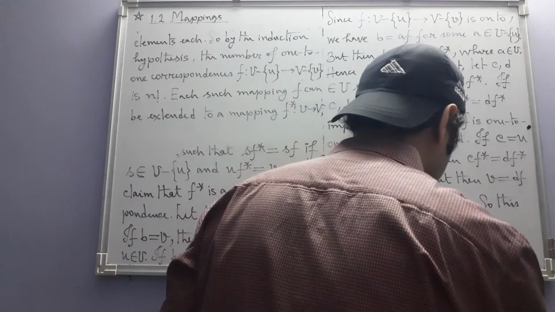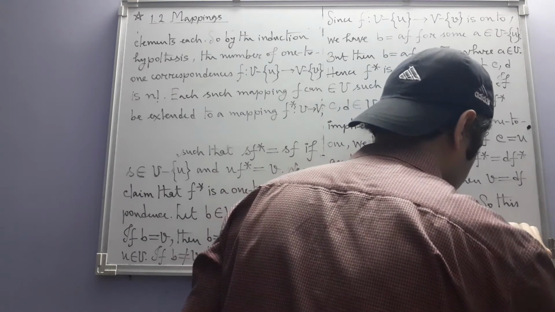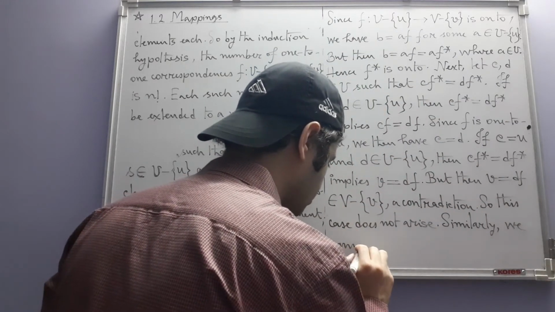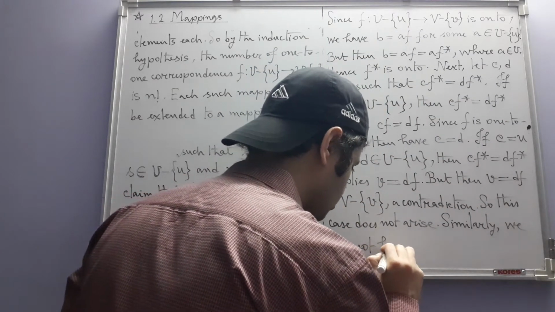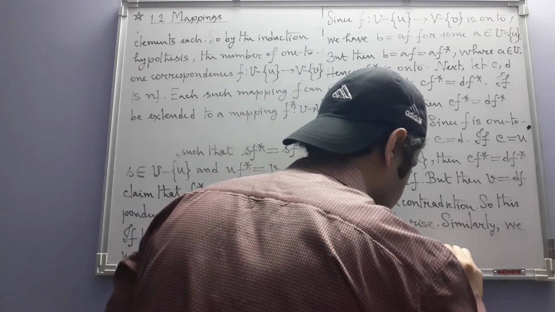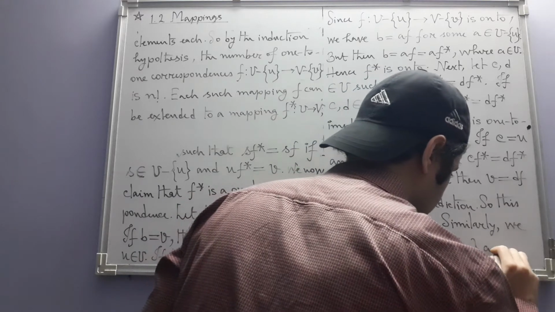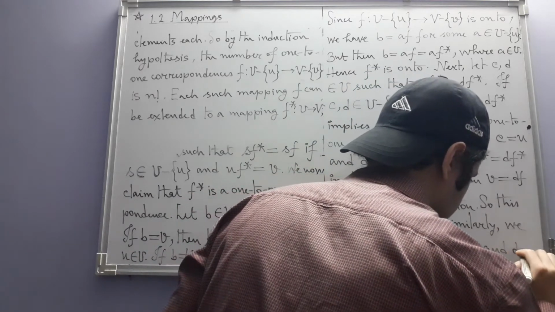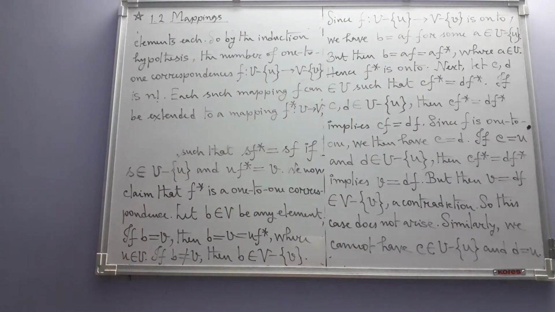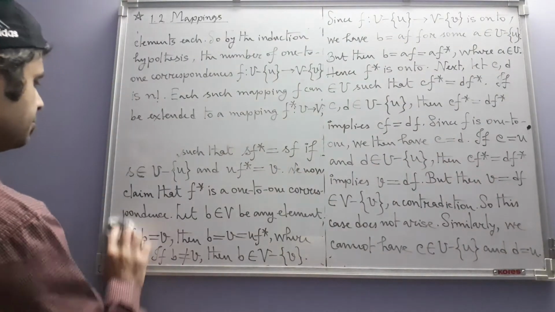Similarly, we cannot have C belonging to U minus u and D is equal to u. That will also produce a similar contradiction. So that case also does not arise.